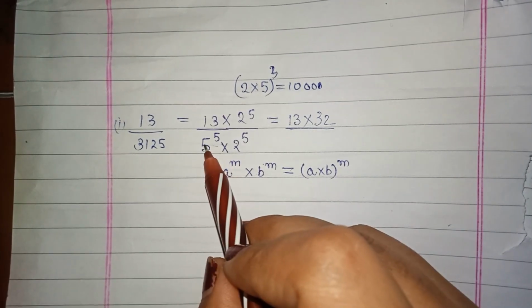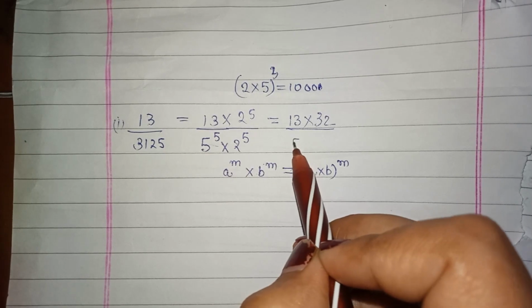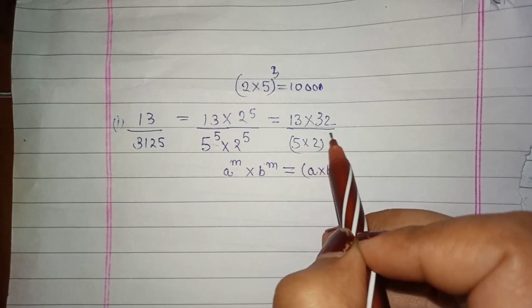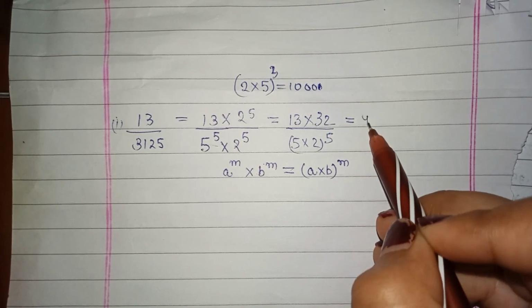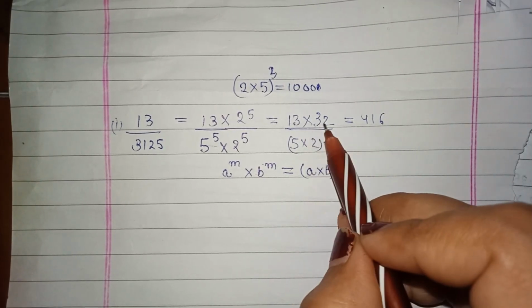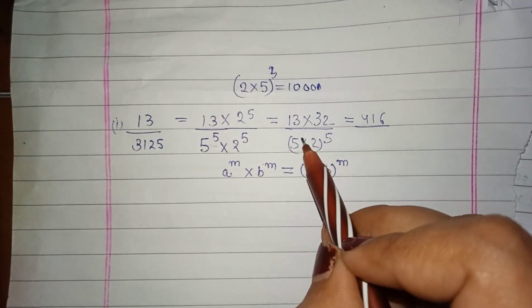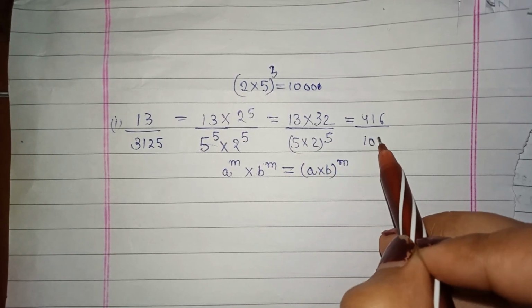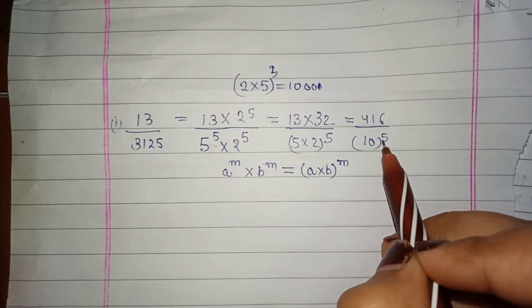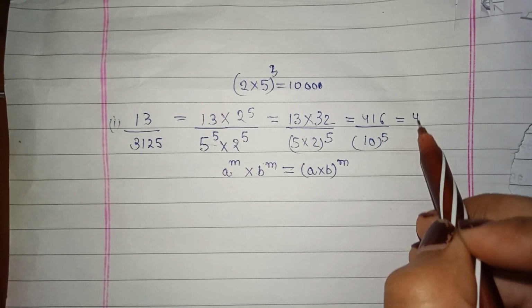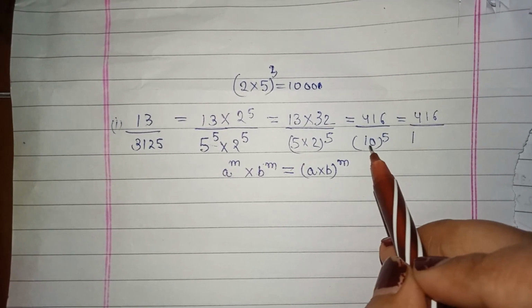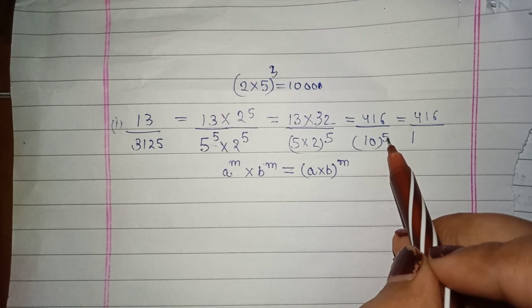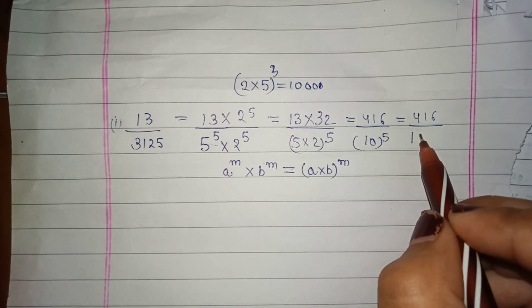So I simply can multiply these two numbers, 5 into 2 raised to the power 5. Now above I get 416 after multiplying these two terms, and below 5 into 2 is 10 raised to the power 5. Now it can be written as 416 upon 10 raised to the power 5, which will equal 1 lakh.